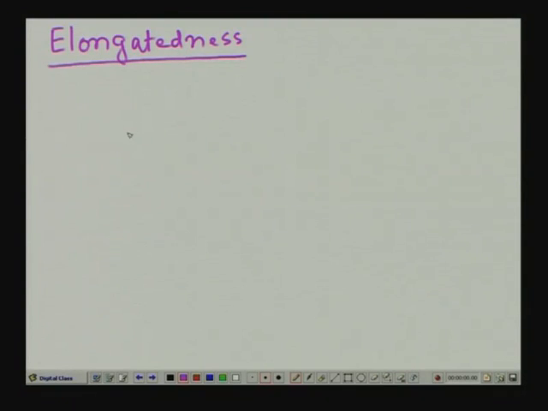Suppose I have a region shape of this form, something like this, and what I do is I find a bounding rectangle of this region which is of minimum size.